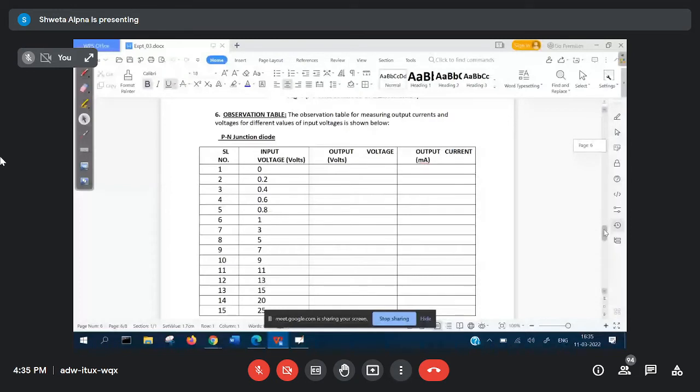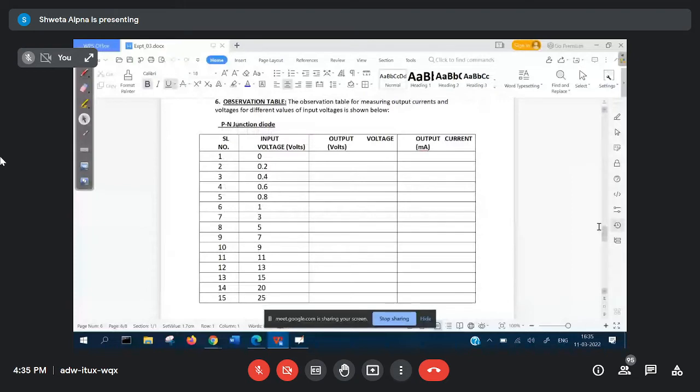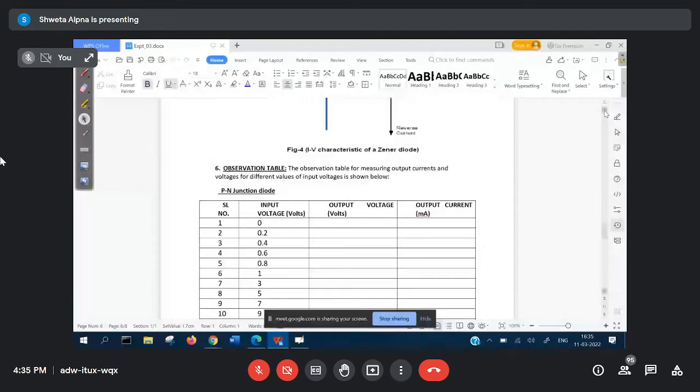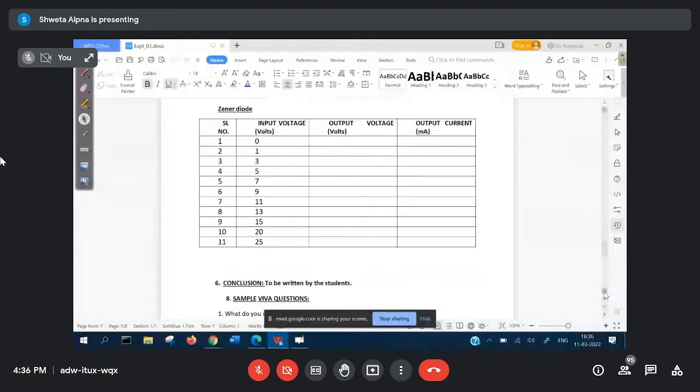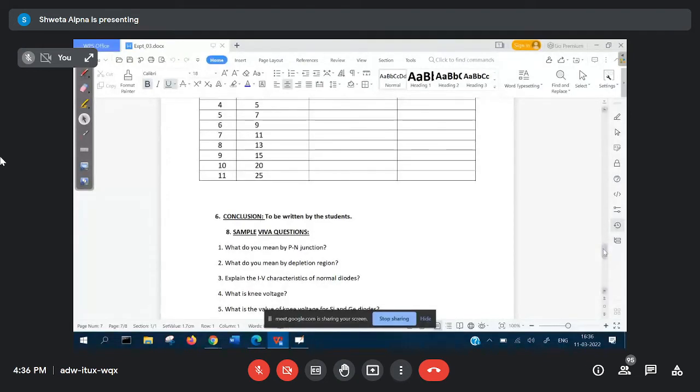Some input voltage ranges are given, and you have to measure the output voltage and output current through the ammeter and voltmeter present in the circuit. Similarly for the Zener diode, because you have to plot a graph between V and I.